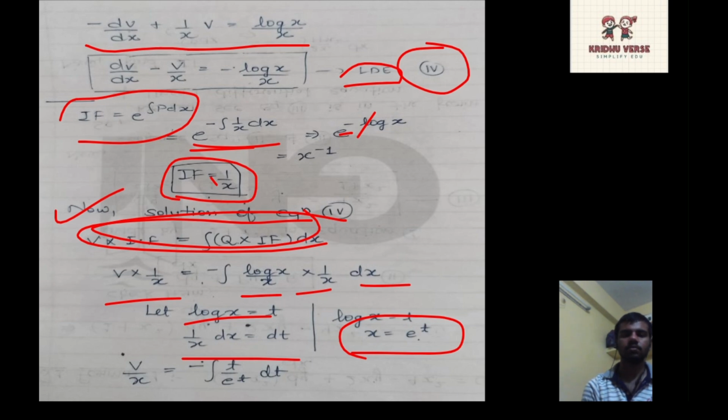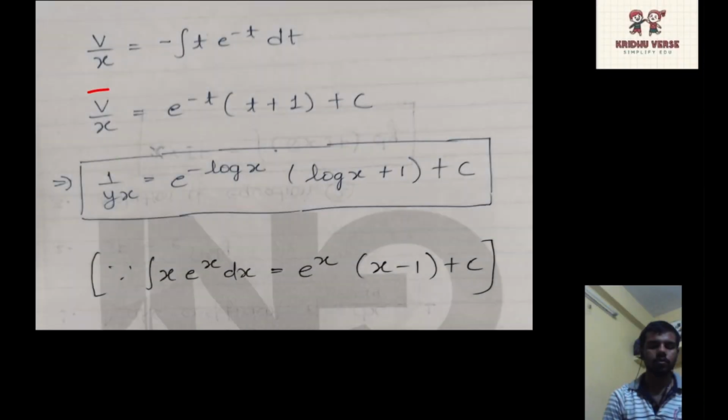This is the basic thing. Now substituting both in this equation, v over x equals minus integral t over e^t dt. This is the equation we got.